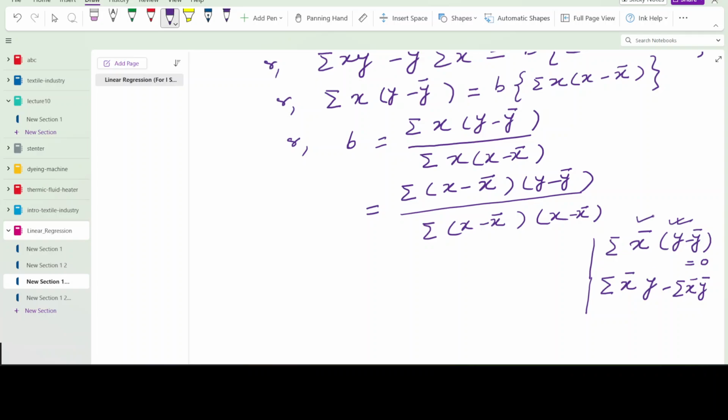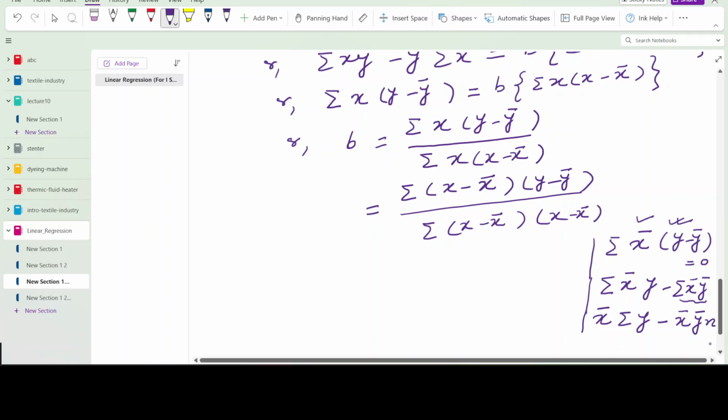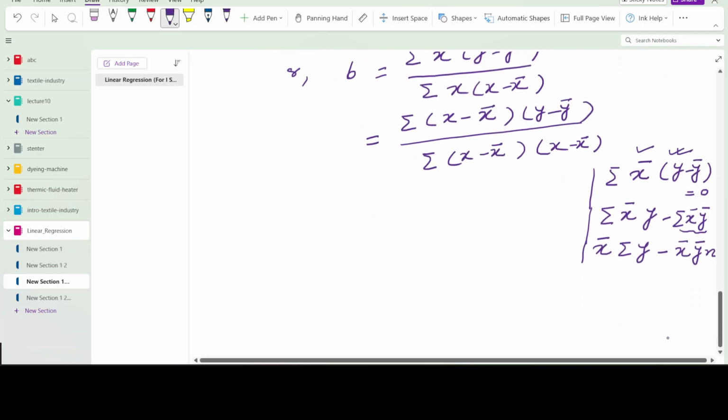Opening this bracket, and as x bar is constant, average is always constant, sigma y minus, these two are always constant, x bar y bar, and summation n times it will be written, so it will be n.